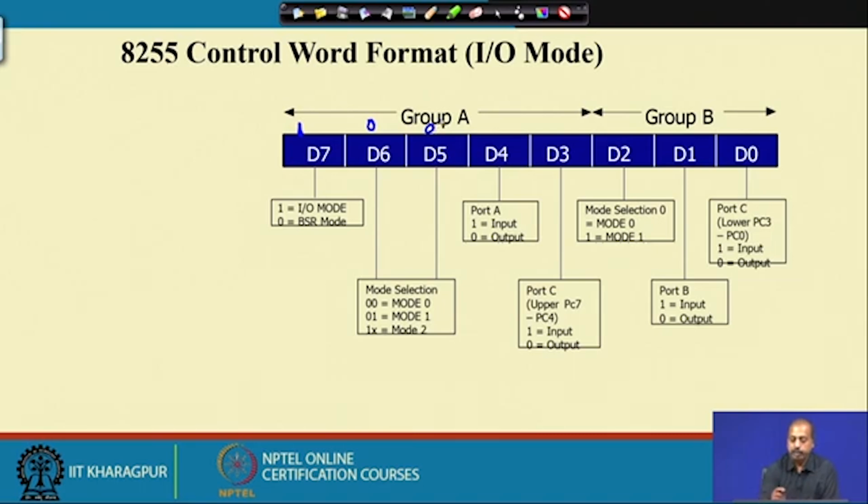Now, port A is in input mode, so this has to be 1, and port C is output mode, so that is 0. So, this is again mode 0, port B is also in mode 0 and this is also 0. So, the pattern that you get is 90. So, let us see what pattern we have got there.